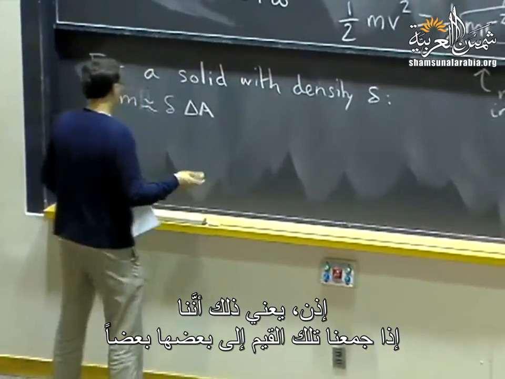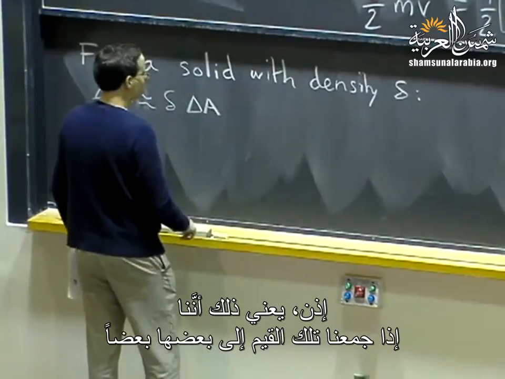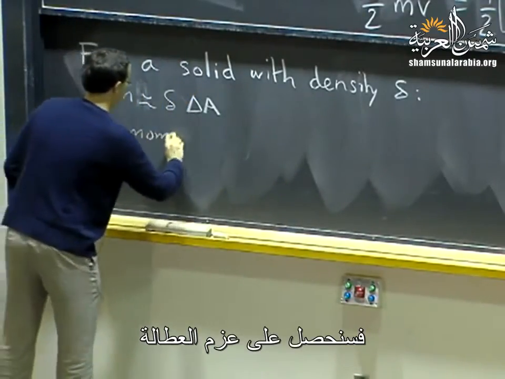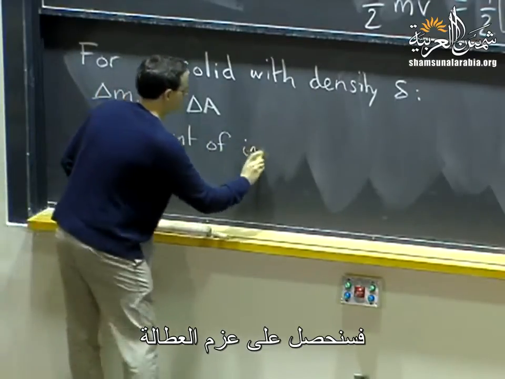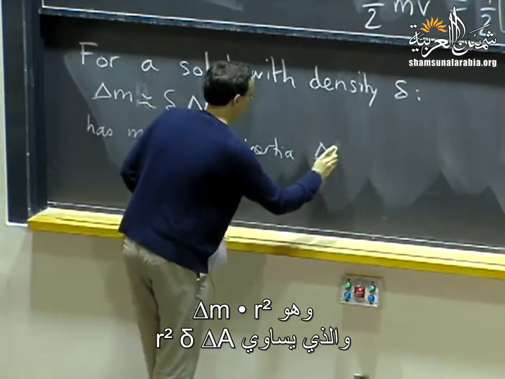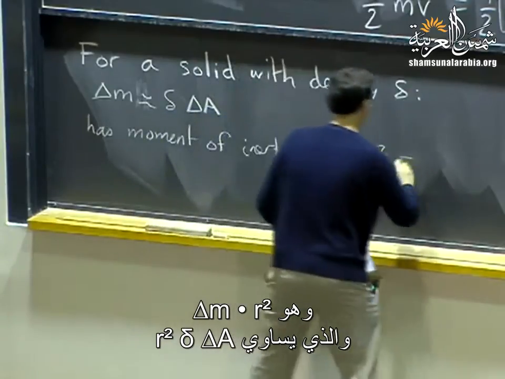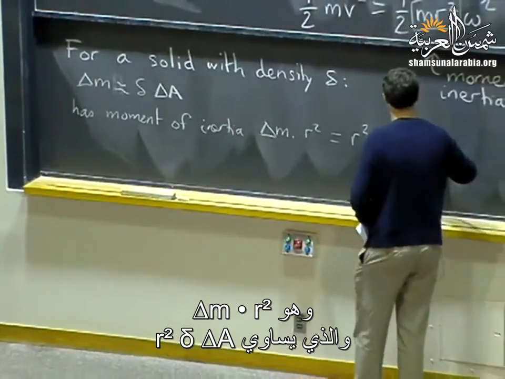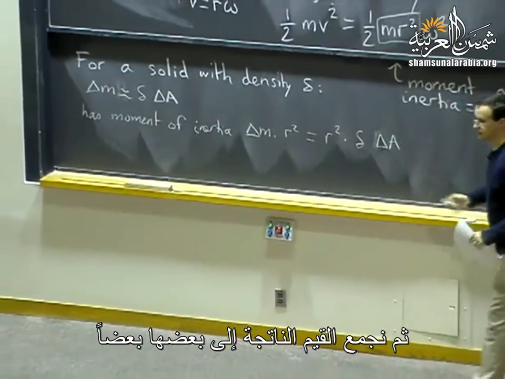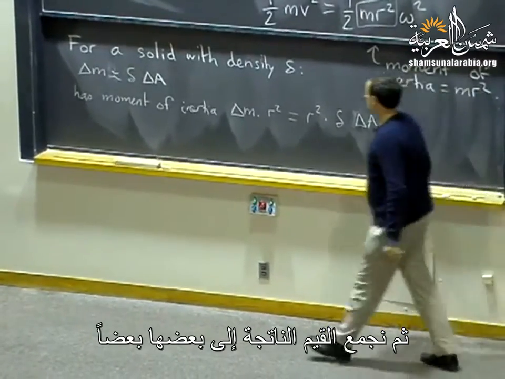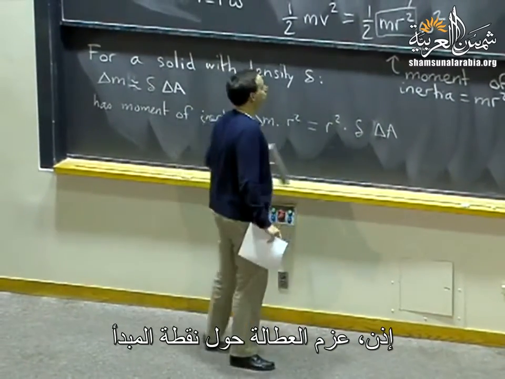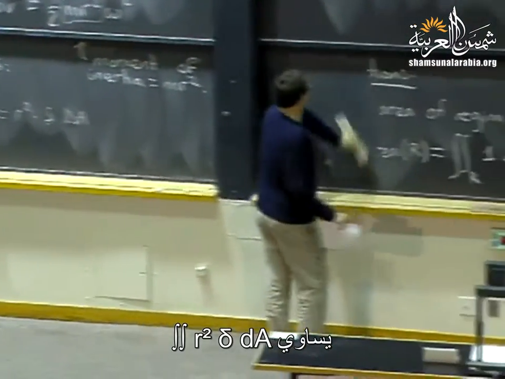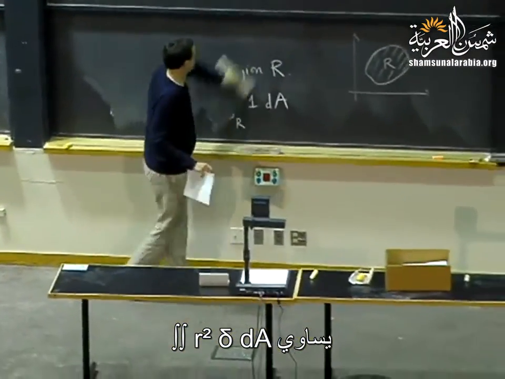So it has moment of inertia delta m times r squared, which is r squared times the density times delta a. And I will be summing these things together. So the moment of inertia about the origin will be the double integral of r squared times density times dA.